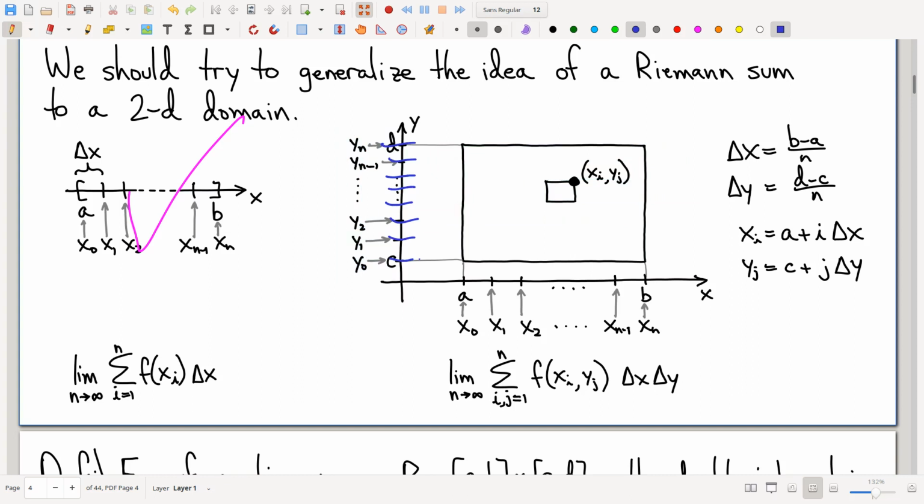This is C instead of A. It's D instead of B. It's going up and down instead of sideways, whatever. And I can still talk about how big these little pieces are and call that delta Y. And I can still talk about how far I've gotten from my starting point C as I move up in increments of delta Y.